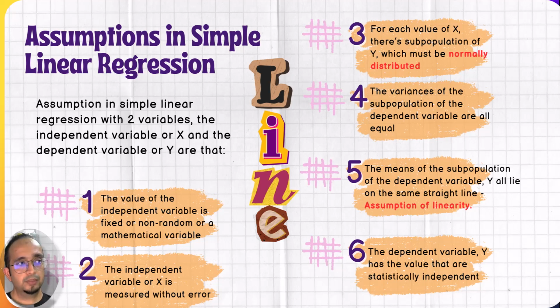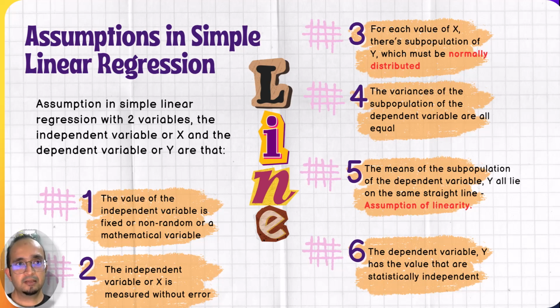There are 6 assumptions in simple linear regression. First, we need to know the dependent variable and independent variable. The first assumption is that the value of the independent variable is fixed, non-random, or a mathematical variable. The second is that the independent variable, x, is measured without any error.